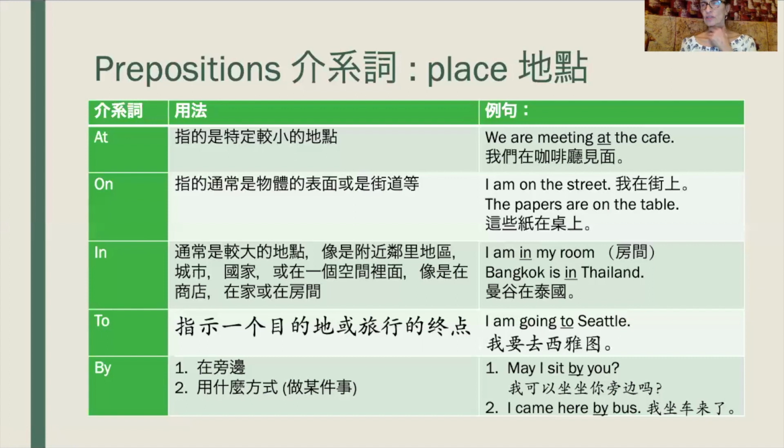So it's usually a larger location than at, but this example doesn't show that. This cafe is usually larger than your room. But I don't know what to tell you. It might be something that you learn from practice. You're in the room, but you're at the cafe. I have to think about that. I don't know how I'd explain it. But here it's obvious. Bangkok is in Thailand.